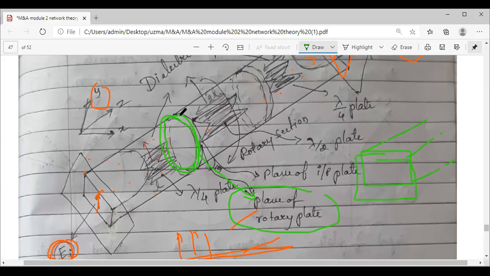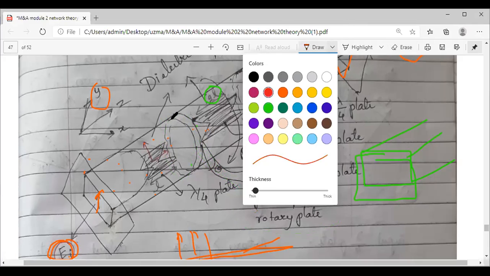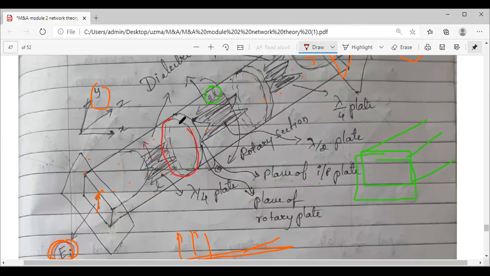And you can see one more line I have drawn. So two circles I have drawn. The second circle indicates the plane of the input plate. What is that plate? It is this which has length 2L. Out of these two dotted circles, the first round circle indicates the plane of the rotary section, rotary plate.